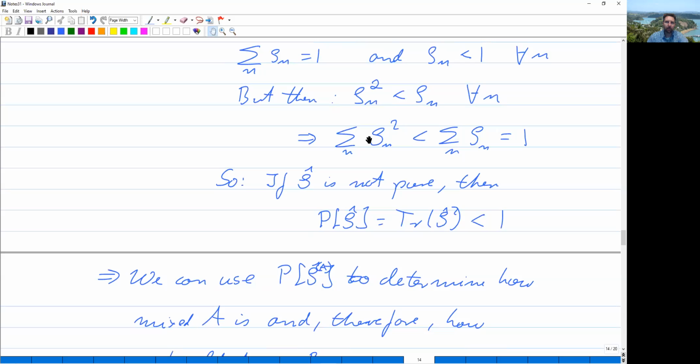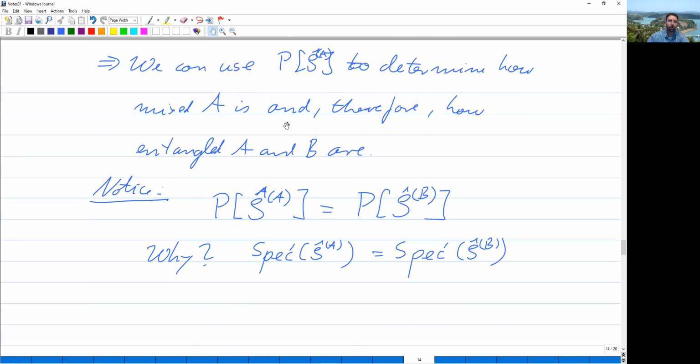When you sum up the eigenvalues, the zero eigenvalues don't contribute. You could have a billion of them, they would not change the purity measure. And the non-zero eigenvalues are the same, except for zero eigenvalues.